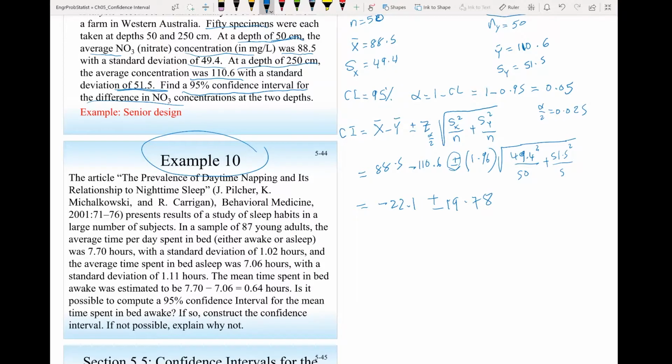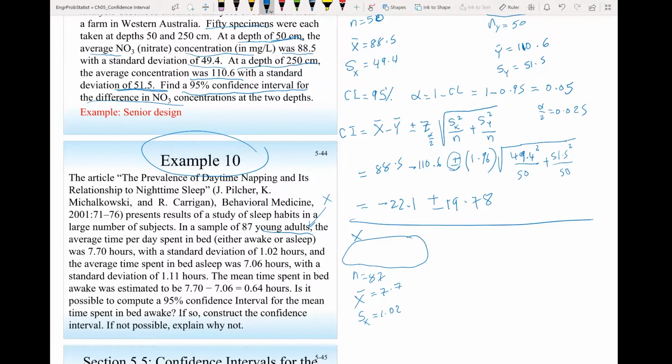In a sample of 87 young adults, n equals 87, the average time per day, let's call it x, spent in bed, either awake or asleep, was 7.7, with a standard deviation of 1.08 hours. And the average time spent in bed asleep was 7.06 hours.